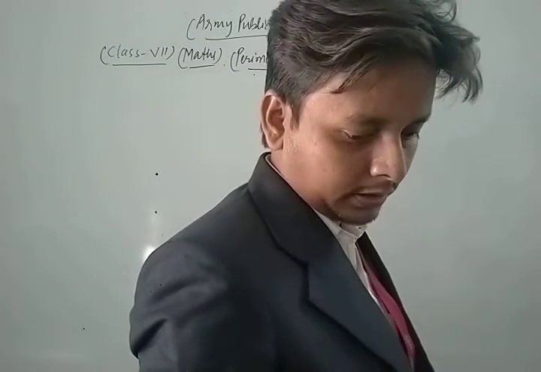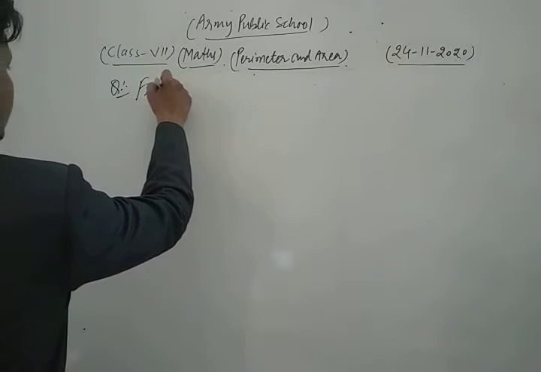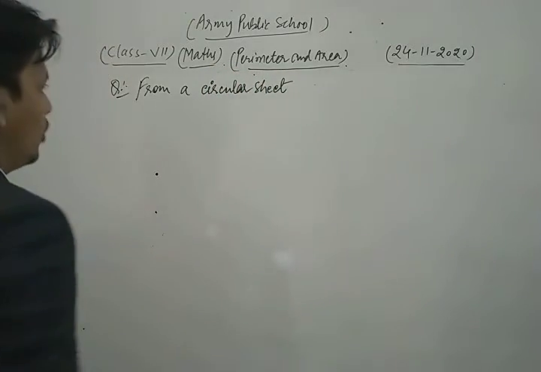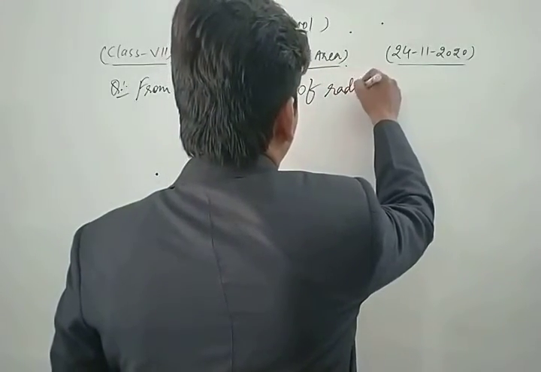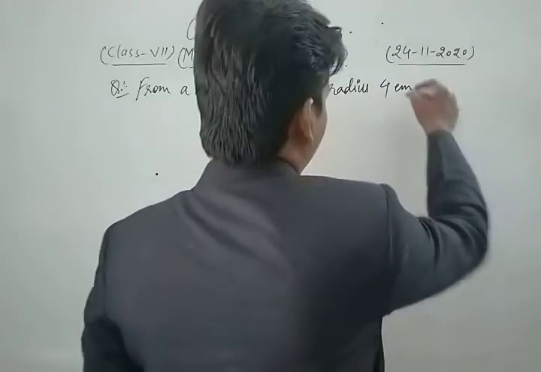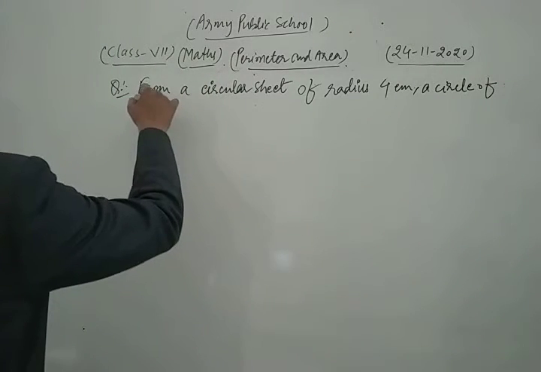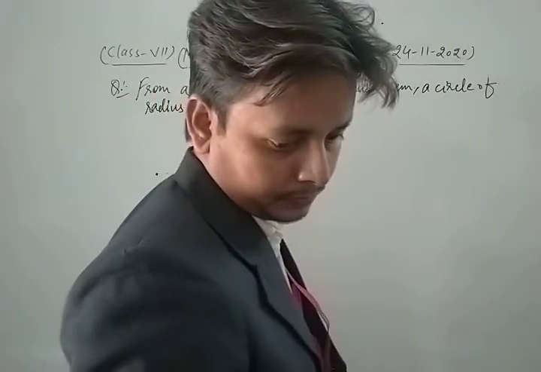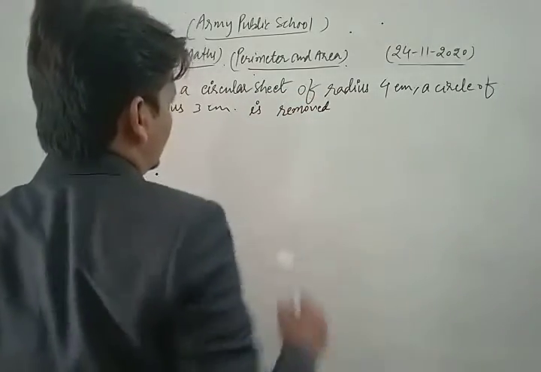Let's see some questions based on the circle. From a circular sheet of radius 4 centimeter, a circle of radius 3 centimeter is removed.